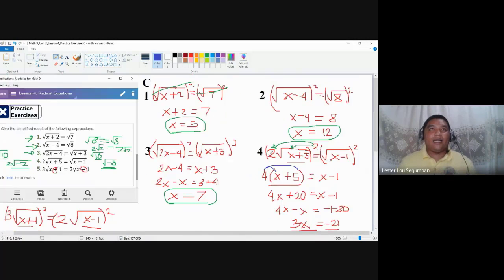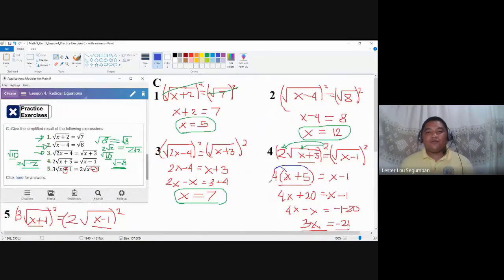What I told you earlier is the disclaimer that there are also types of radical equations that will yield the concept of quadratic equations and many other forms. That is what will happen if, say for example, in number three, you still have a value here, let's say plus one outside of the radical expression.